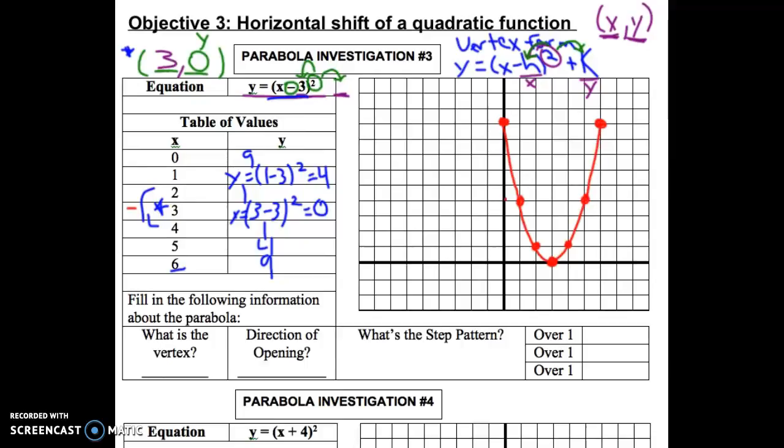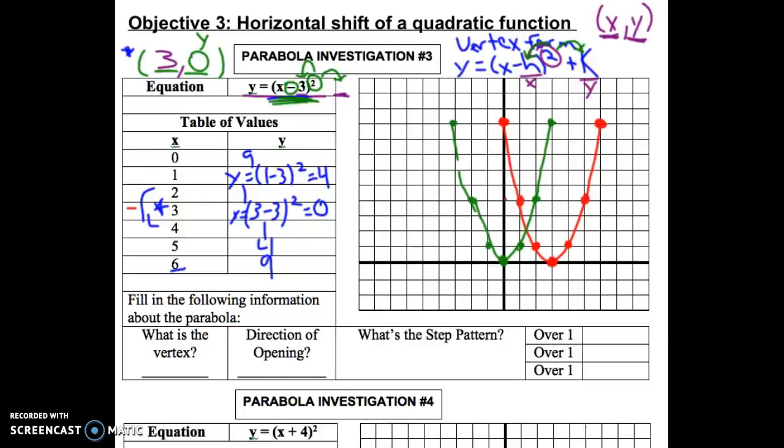Now, hopefully you're catching on to what a horizontal shift means, based off of the parent function right here. If you remember, the parent function looks something like this. I'll draw it in green for you to see. If the x value is affected, the h value, it's going to shift horizontally, along the x-axis, because the x-axis is horizontal.